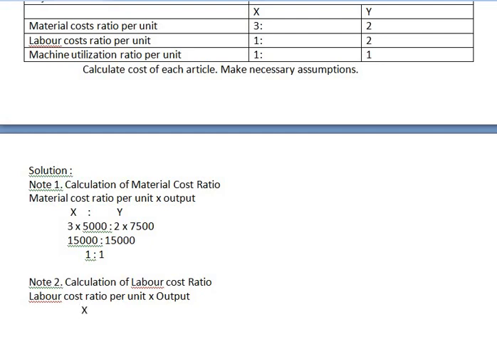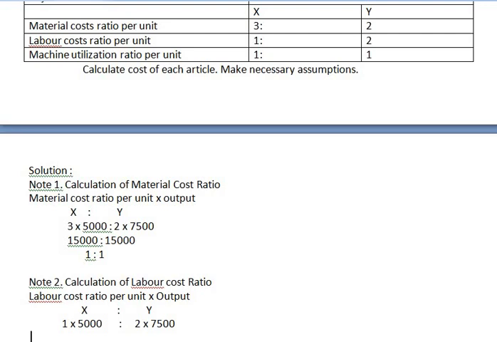So again, there are two articles, X is to Y. Now X ratio is 1 into output is 5,000, is to Y is 2 into 7,500.